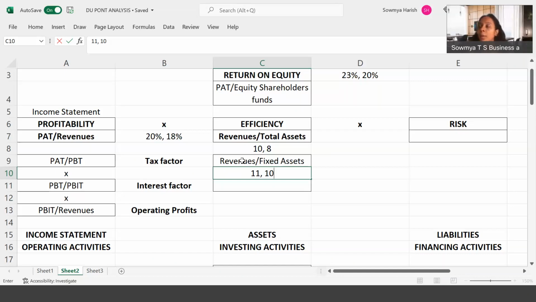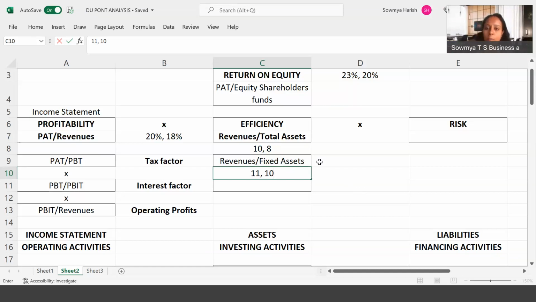Because of that, your revenues have declined. And here also we cannot blame fixed assets. So when we are decomposing and trying to know the efficiency of the assets, the revenues to fixed assets ratio you can calculate and keep, but don't take it seriously for interpreting the financial health of the firm. That is because your fixed assets in most cases do not directly contribute to the revenue.